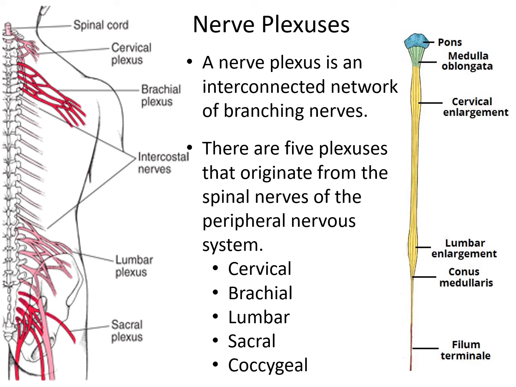We have the cervical enlargement that gives rise to the brachial plexus, and then we also have the lumbar enlargement that gives rise to the lumbar plexus. So these are areas where we have a slightly wider section of the spinal cord, and we have a major plexus that comes off and gives rise to major nerves.